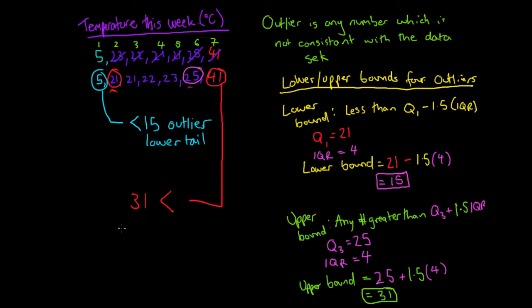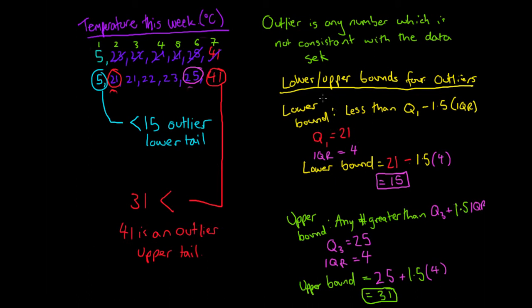Because of that, 41 is an outlier, and it's in the upper tail. So I was pretty right in my thinking. The 5-degree day was an outlier because it was really, really cold, and then the 40-degree day was an outlier because it was in the upper tail, and it was above our upper bound.